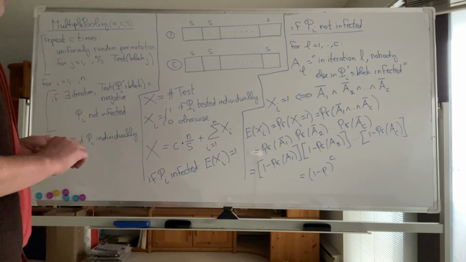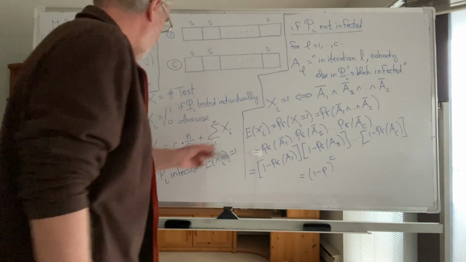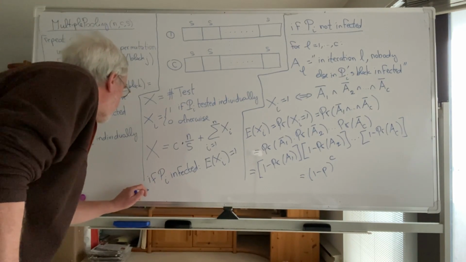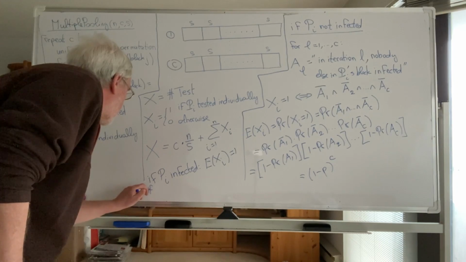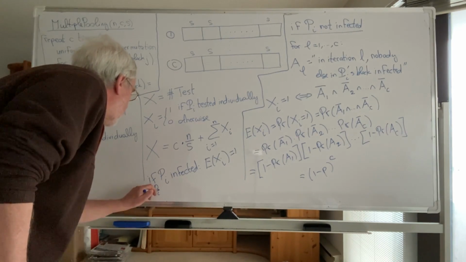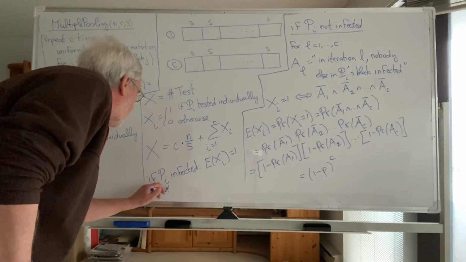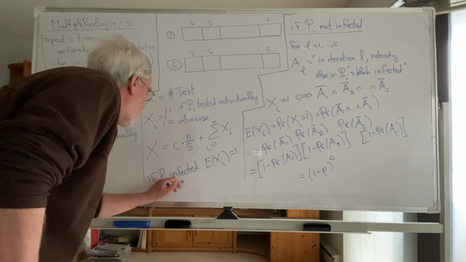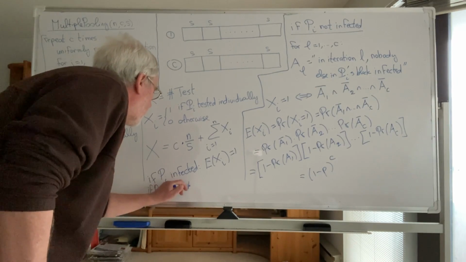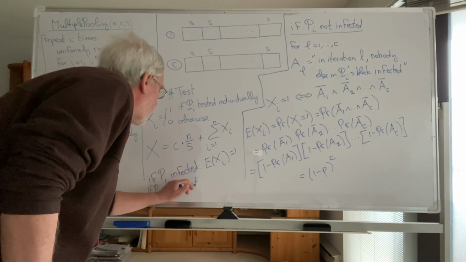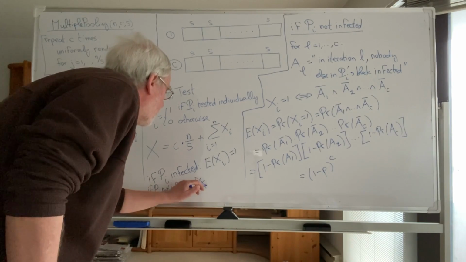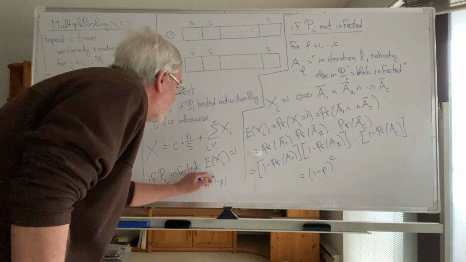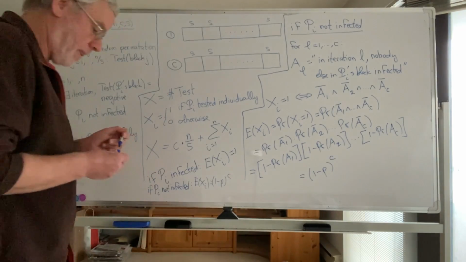Okay, so now we have determined the expected value of xi, so let me write that here. If Pi is not infected, it is 1 minus p to the power c.